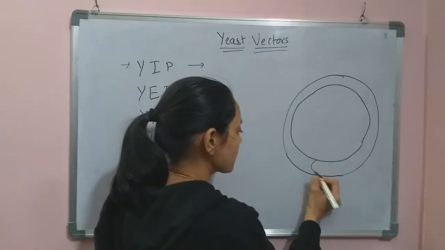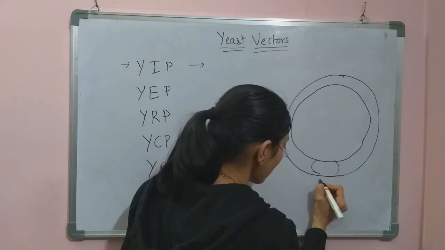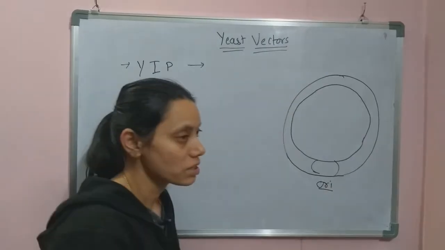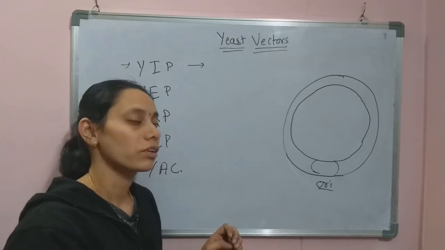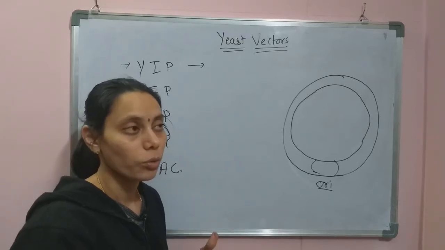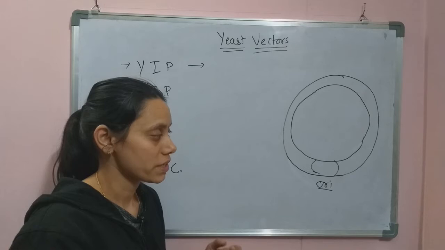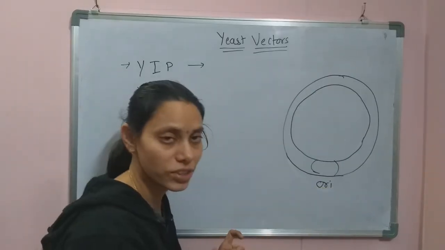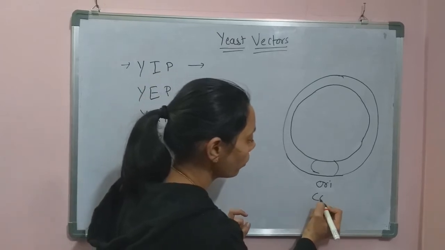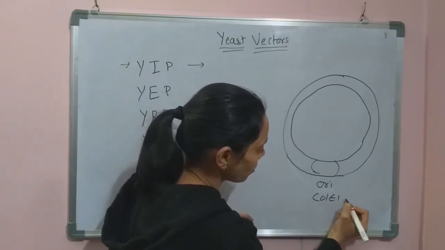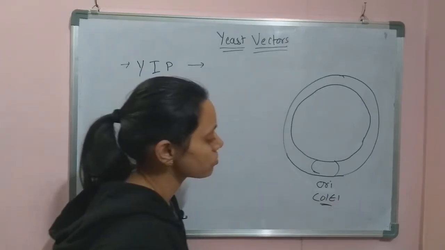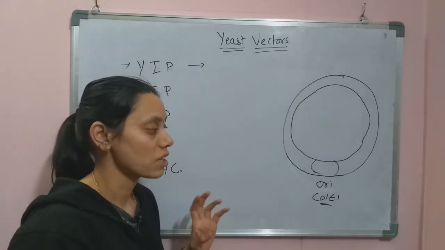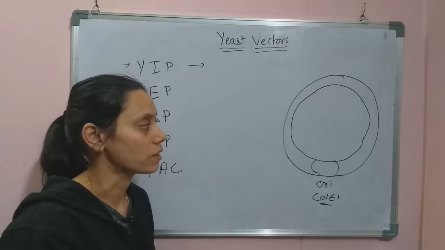This yeast integrative plasmid has an origin of replication, that is the region where prokaryotic replication will start. This origin of replication is taken from the ColE1 plasmid, and it is useful for the replication of such a plasmid inside the E. coli cell.